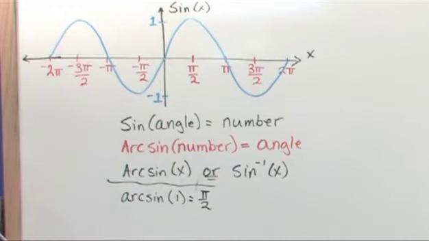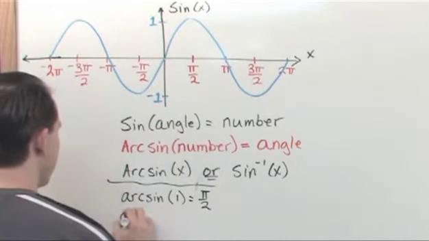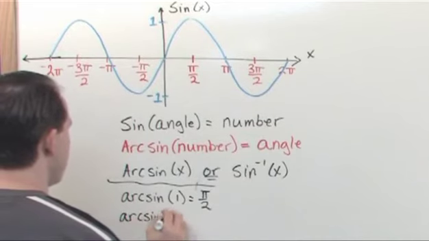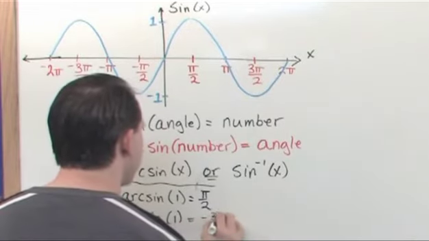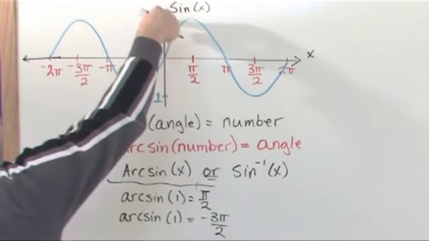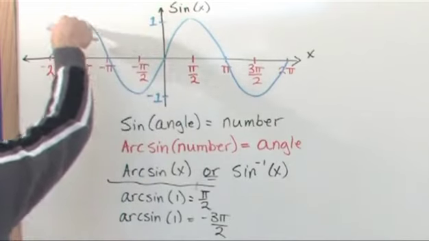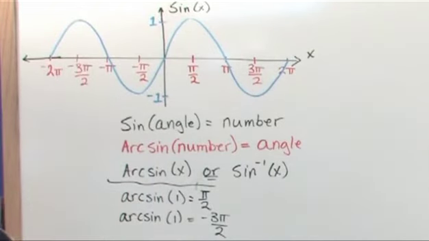But also notice that if I put in the arcsine of 1, an equally valid angle is negative 3 pi over 2. Because look, if I go over here and map it over here, negative 3 pi over 2 is an equally valid angle.